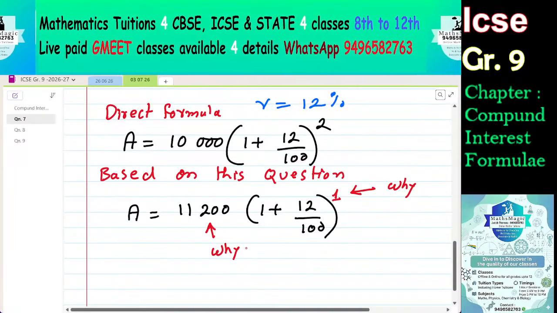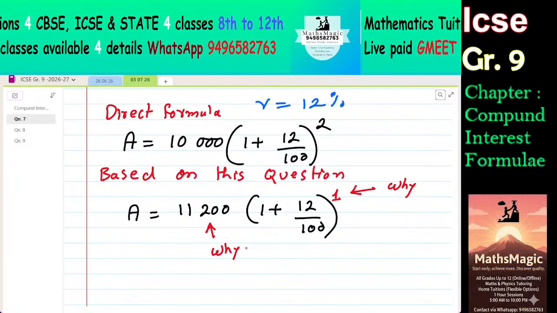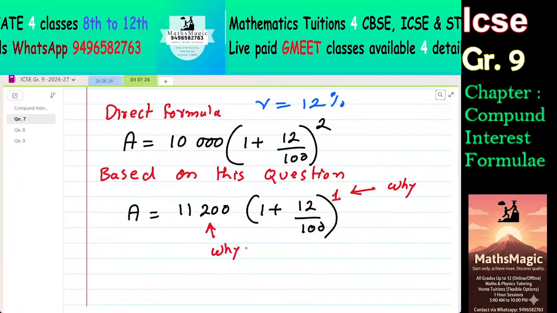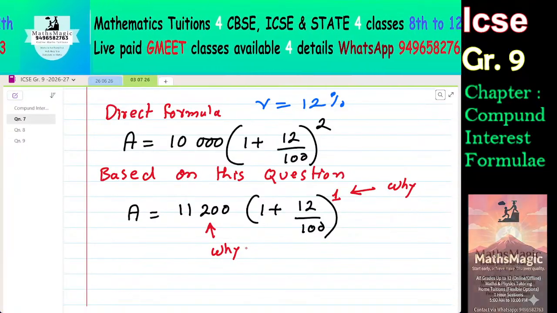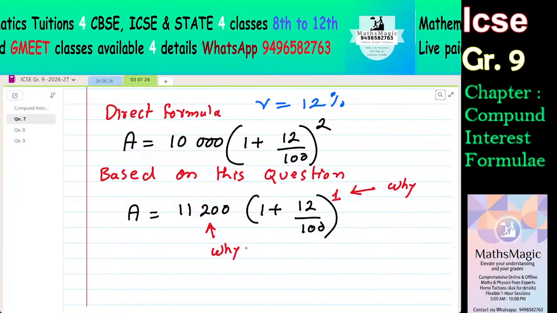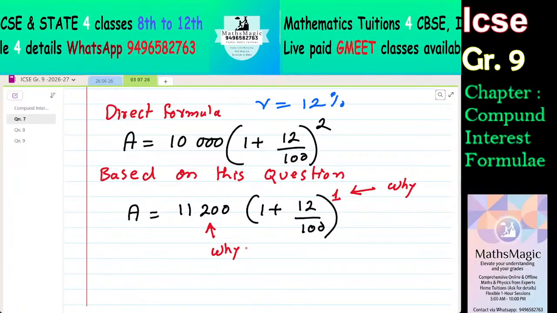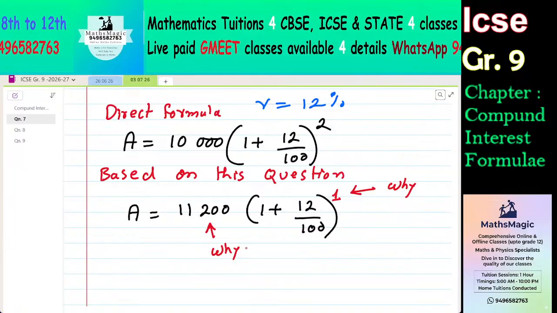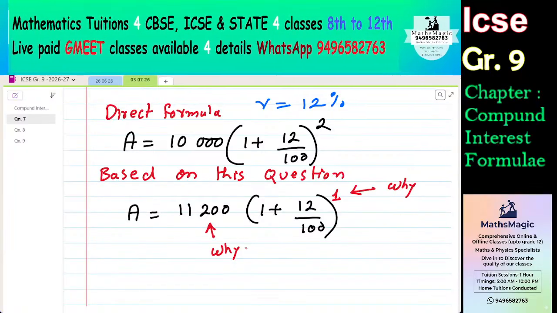Why? Because for compound interest, every year the interest is accumulated and a new principal is made. So at each step you will have a new principal. Here in this particular question, we have the amount after first year as 11,200. So we need to find only the interest accumulated in the next year.